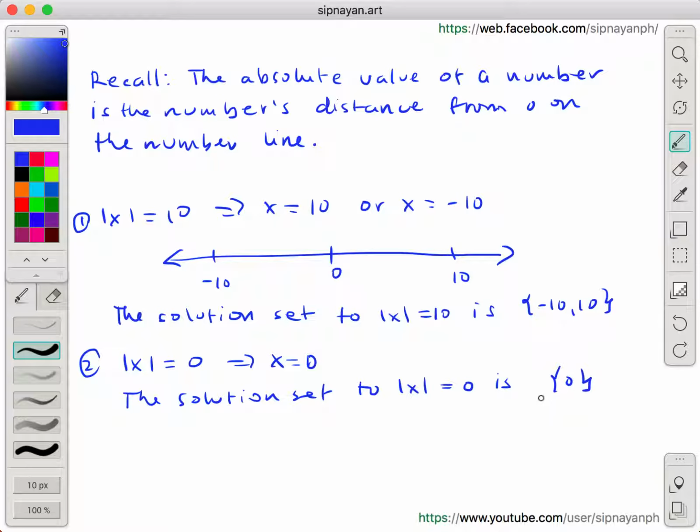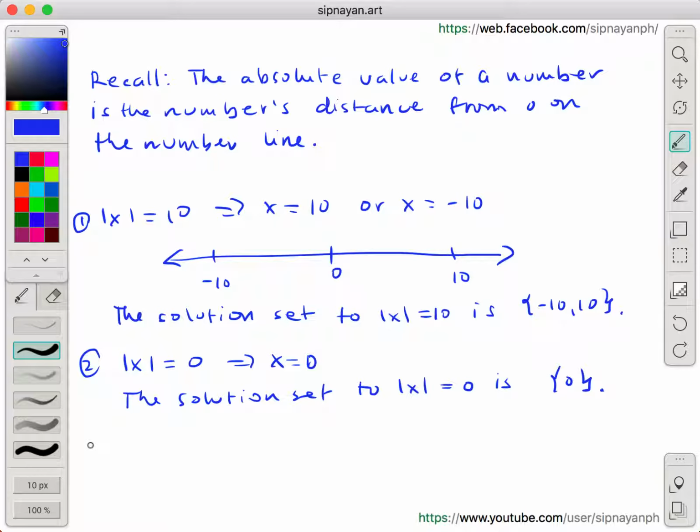So 0 lang siya yung kanyang solution set. Pag solution set, ang ating notation syempre na ginagamit ay yung set notation. So kung naalala nyo, from our series on sets, pag list of elements ang nilalagay natin, meron tayong curly brackets on both sides, and the elements are separated by the commas.